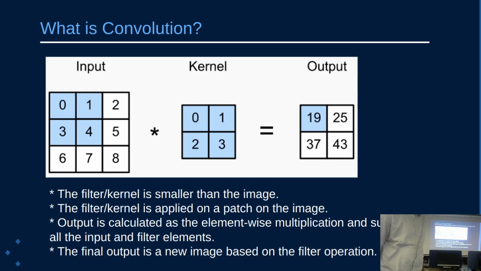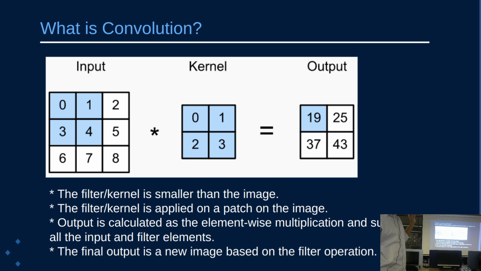Now, how does this work? Consider an input image that is 0, 1, 2, 3, 4, 5, 6, 7, 8, and you have a kernel. What's a kernel? A kernel is basically a filter, so it's another name for a filter. You can call it a filter, you can call it a kernel. Just as I'm taking my magnifying glass and running it through the image, in the same way, I will take this kernel and start sliding it over the image.